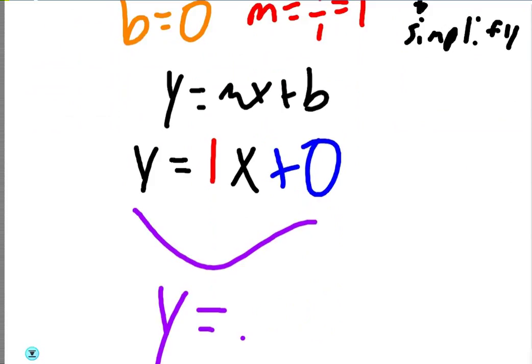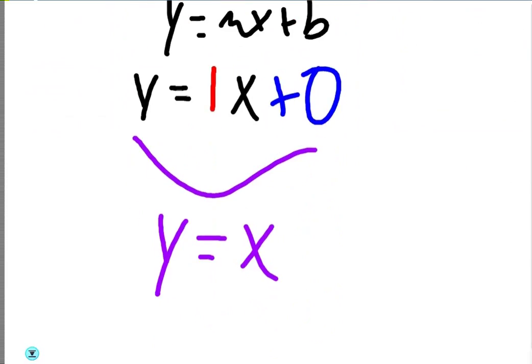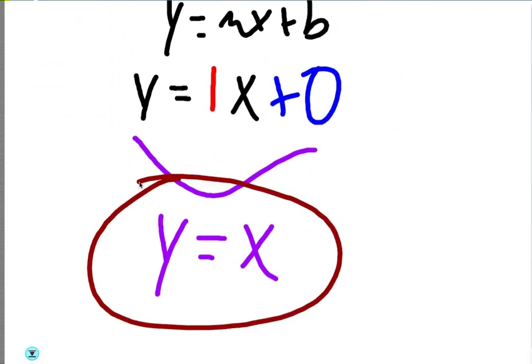So you guys kind of contributed both things. The 0 goes away. Anything plus 0 is itself. 1 times x is x. So the 1 and the 0 go away. They're implied. Your answer is y equals x. 2 more examples, and then I'll let you get to it.